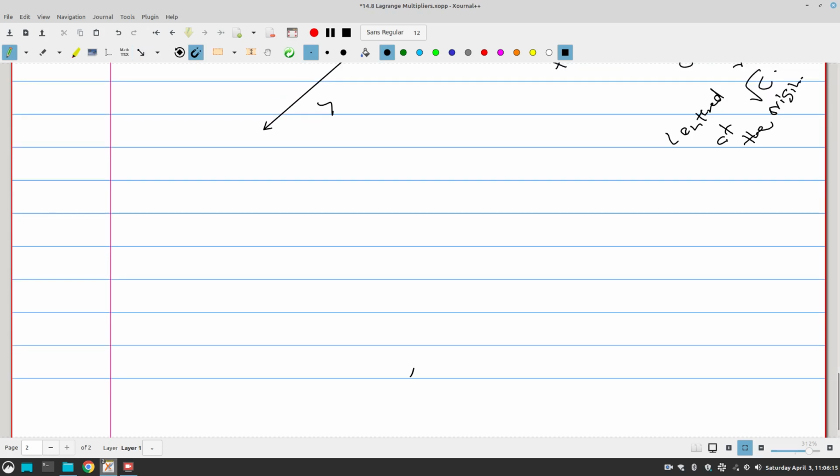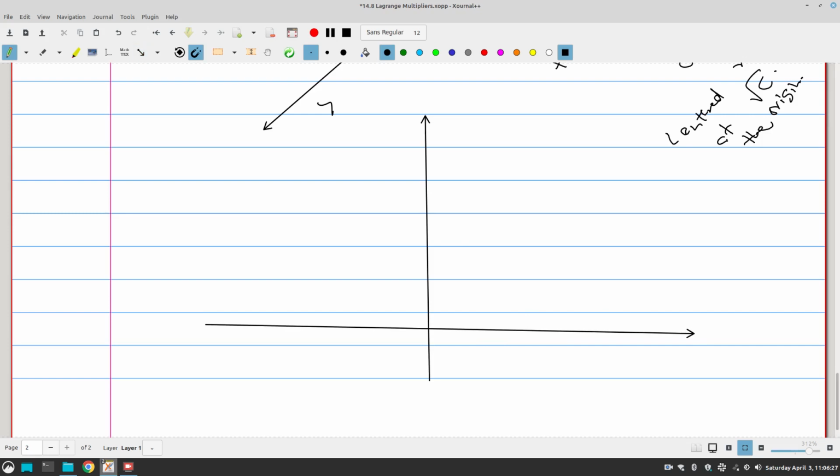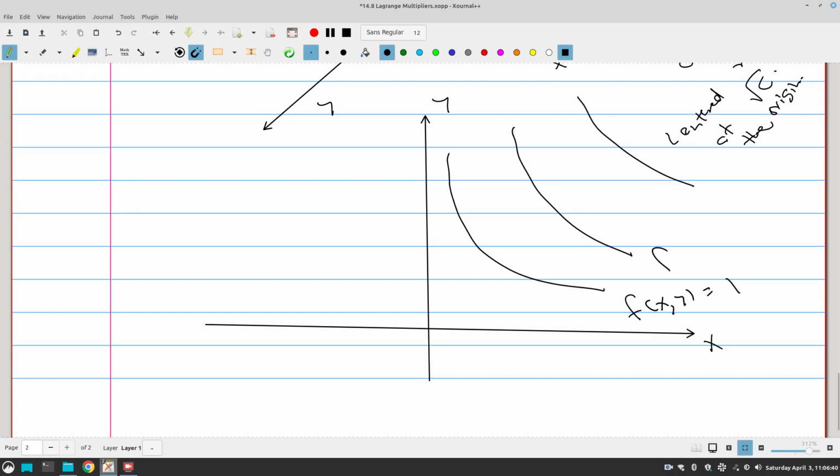Okay, so we draw our level curves. So these are our axes, right? y, x, and we have these level curves: f of xy equals 1, f of xy equals 2, f of xy equals 3, f of xy equals 4.